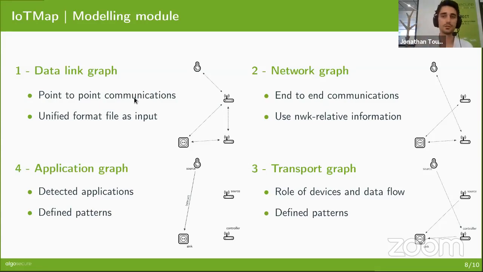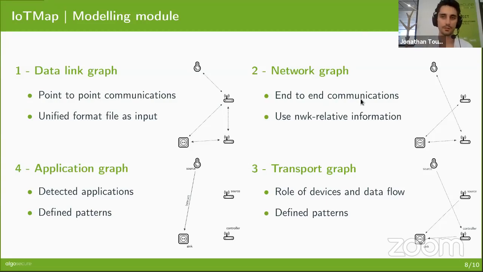When this graph is produced, the information brought by this graph is used to build the network graph. So the network graph highlights end-to-end communications. What I mean by end-to-end communications is the real destination of the message. When a device wants to send information to a device, if this device is not in the radio range, the message passes through different hops to reach the destination.